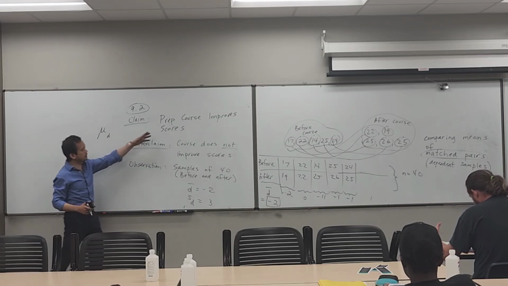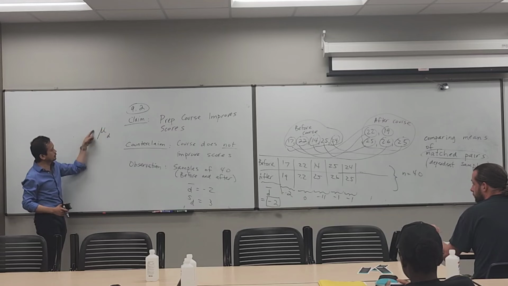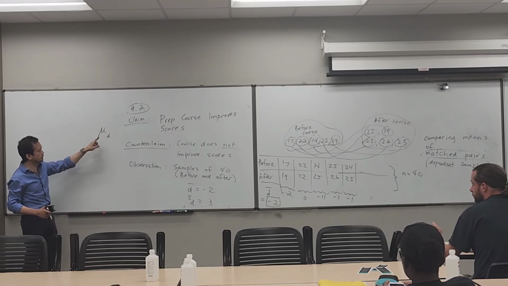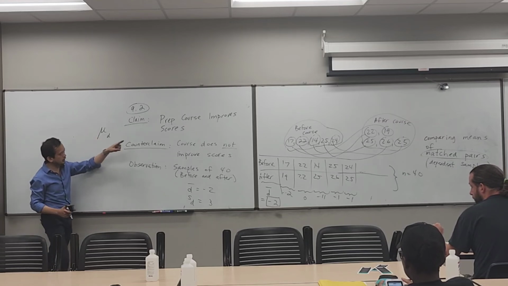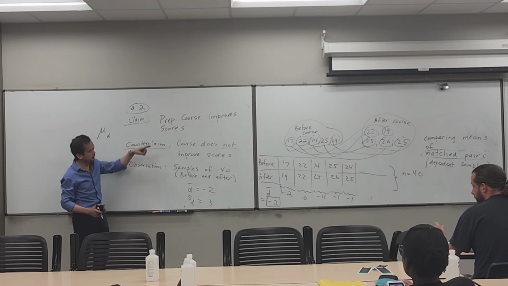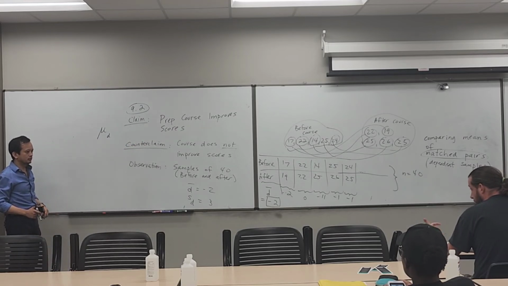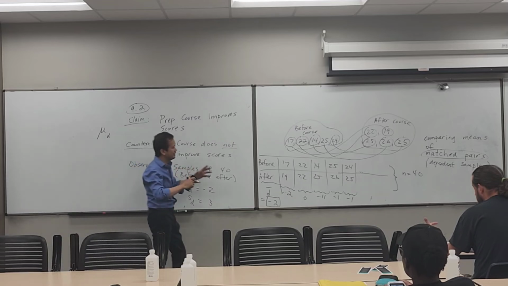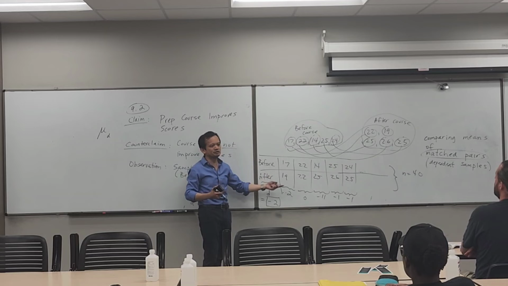So if the test prep course improves scores, what should be this number? The average difference between before and after if the test prep course improves the scores. Well, we happen to be taking this notation where we're doing before minus after.